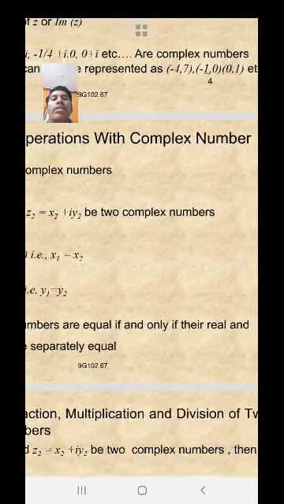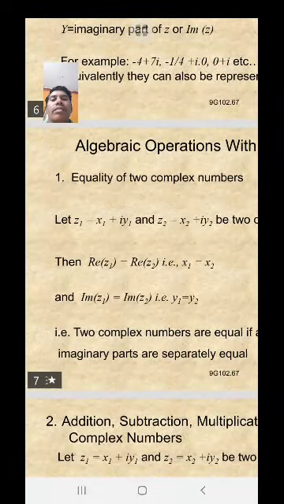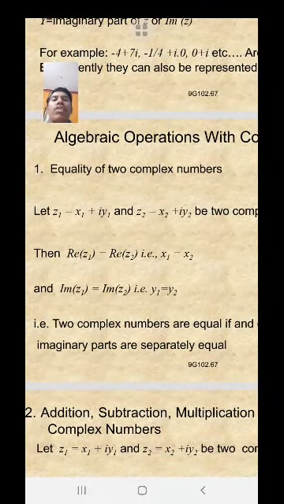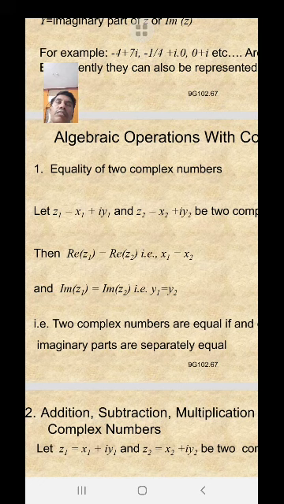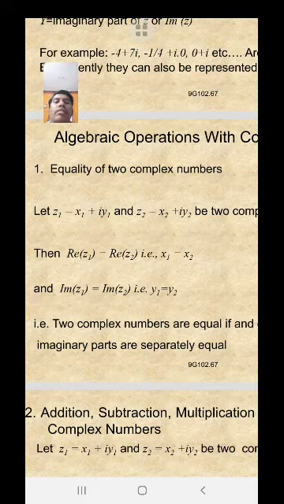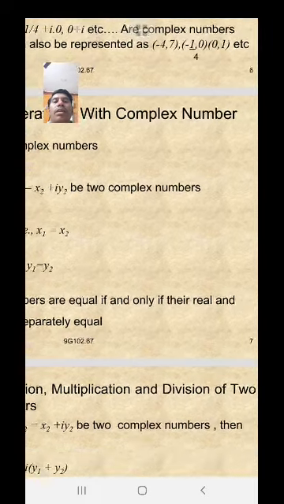Algebraic operations with complex numbers. Equality of two complex numbers. Let z1 equals x1 plus iy1 and z2 equals x2 plus iy2 be two complex numbers.